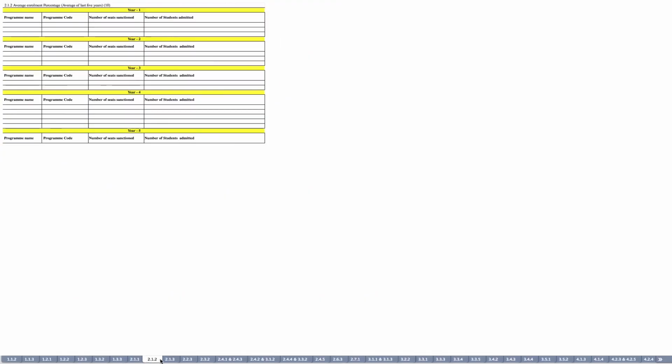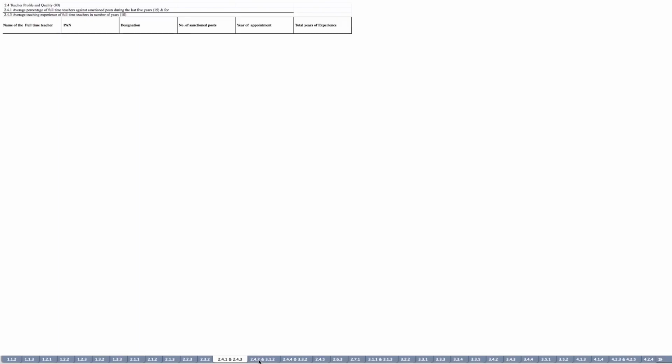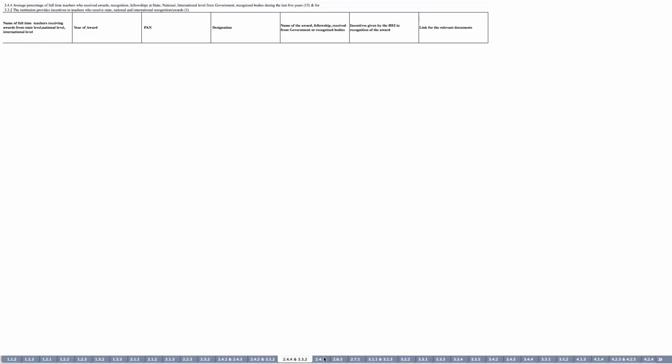A tour of these metrics will also guide you about the data NAAC requires for the assessment and accreditation process. This becomes the preliminary data based on which the assessment and accreditation process will continue for the higher education institution.